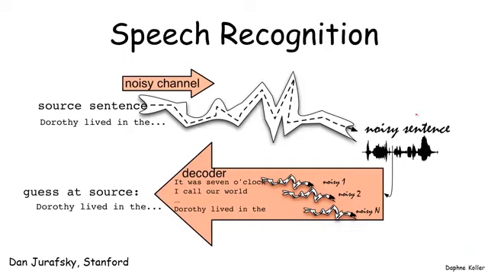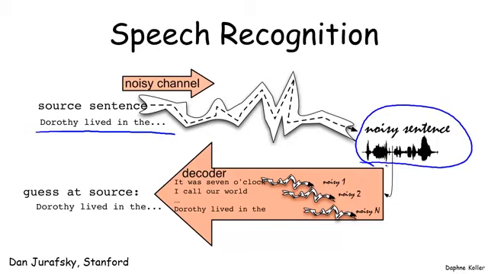Speech recognition, as I mentioned, is perhaps the prototypical HMM success story because it's so much in common use. The speech recognition problem is to take a sentence, such as Dorothy lived in whatever, and imagine somebody is saying that, and what is given as input to the probabilistic reasoning system is this very noisy acoustic signal that represents the values of the different frequencies of speech in different acoustic frequencies at each point in time.